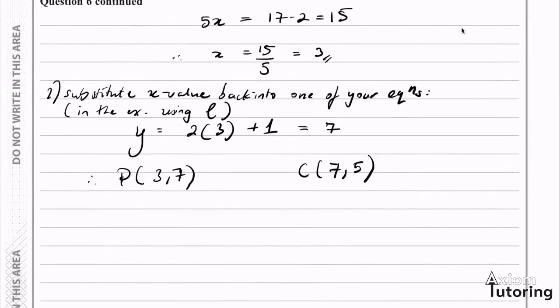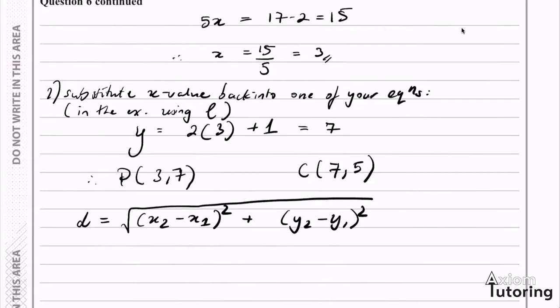Now we can find the distance between these two coordinates, and that's going to give us the value of the radius. We just use the equation that we learned to find the distance between two coordinates. D equals the square root of x2 minus x1 all squared plus y2 minus y1 all squared.